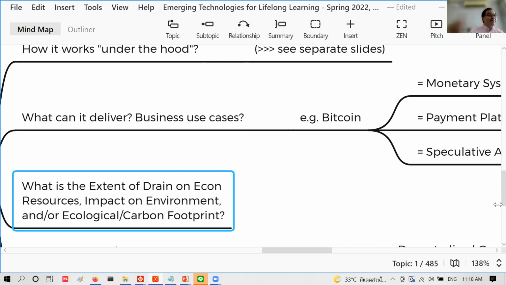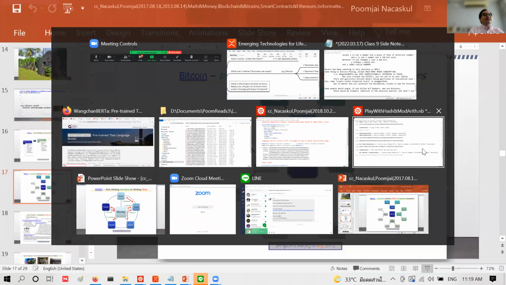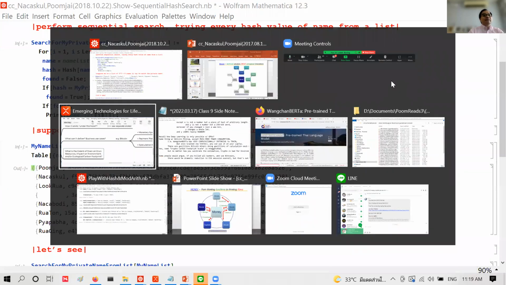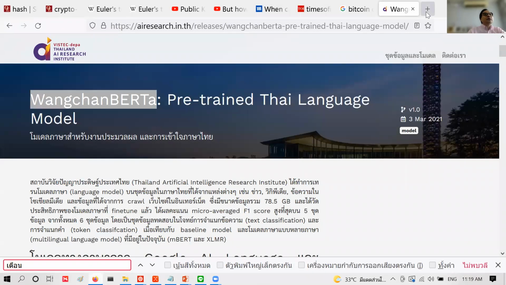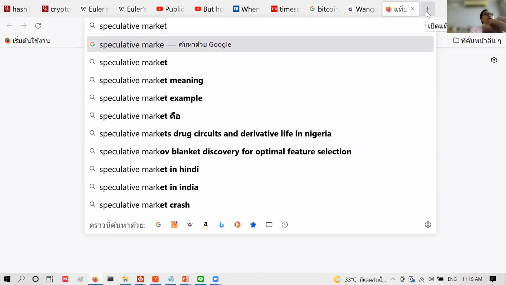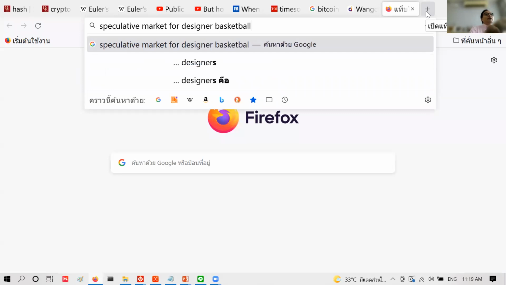Except there's a big difference, right? You can speculate on something stupid. Let's speculate on something really stupid. Here's a good one: a speculative market for designer basketball shoes.